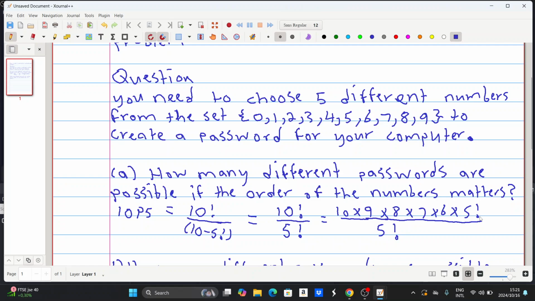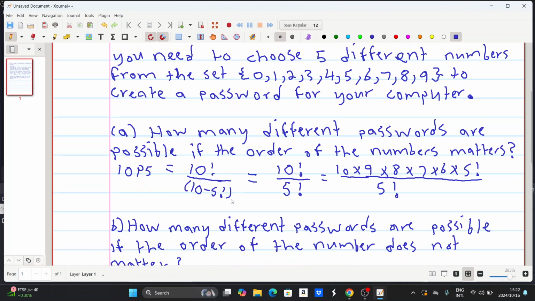So the 5 factorial and 5 factorial will cancel each other, and it will remain with 10 times 9 times 8 times 7 times 6. That's what you can have as your answer. You can simplify it like this.